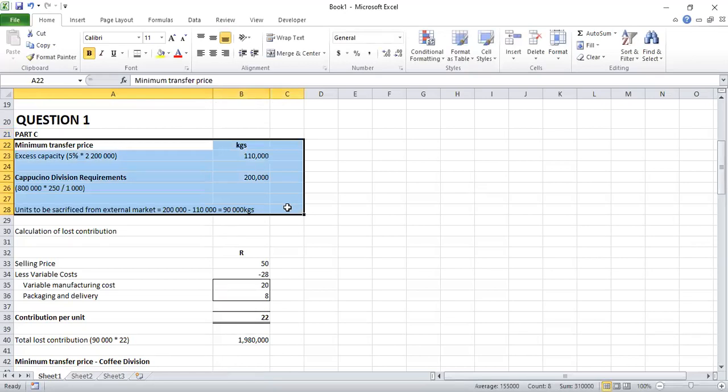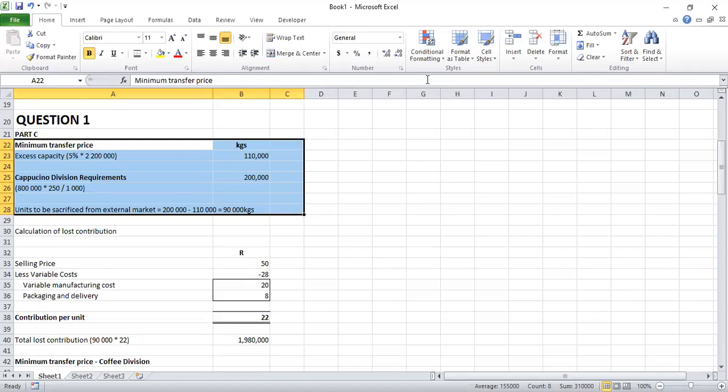Because we already know that all the units that are to be sold to the fellow company are going to be sacrificed from the external market, because currently Division A is selling all its maximum capacity of 10,000 to the export and to the local market. So they don't have any spare capacity at all.